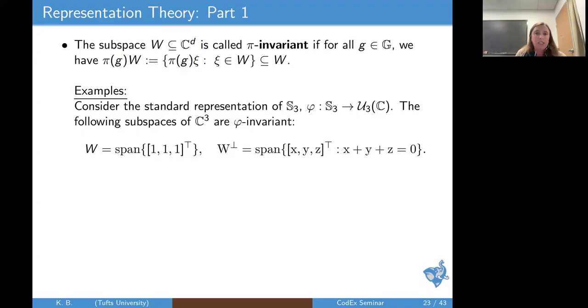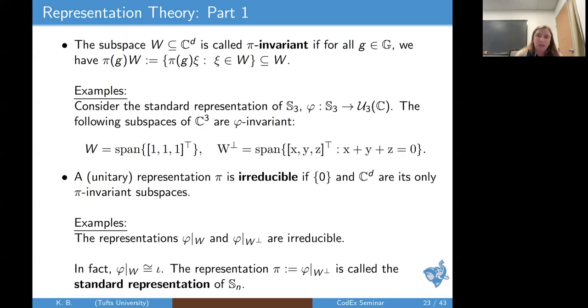And then if we take the orthogonal complement of that space, which is described by the span of all x, y, z where x plus y plus z is 0, this is also a pi invariant space. Even if we're just permuting the elements of our vector, we're still going to get that the sum equals 0 and will be in the span.